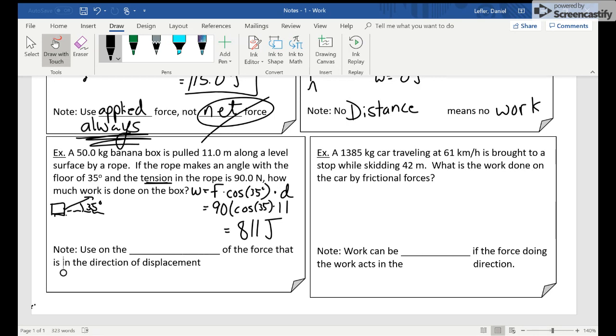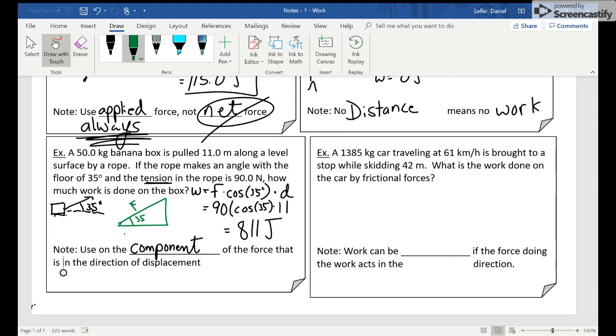So remember, use the component of the force that is in the same direction as the displacement. So basically what we did, switch colors here, is going back to trig. If this is our force, this is our angle, which is 35.